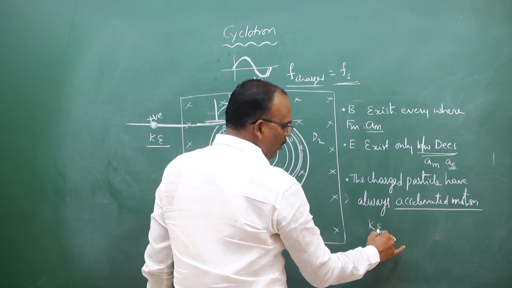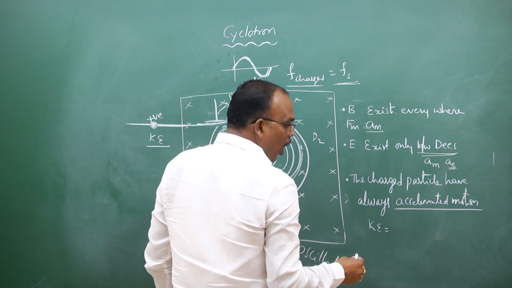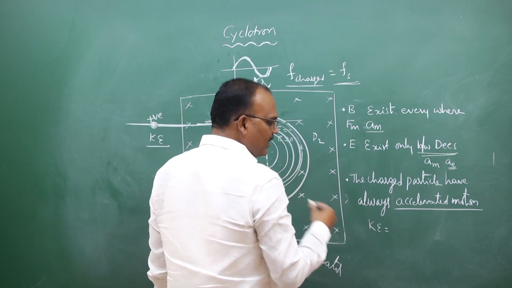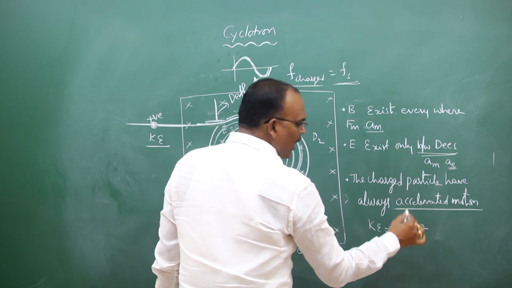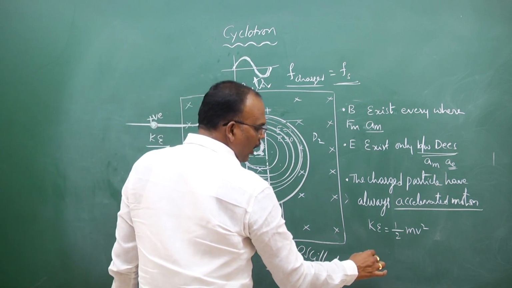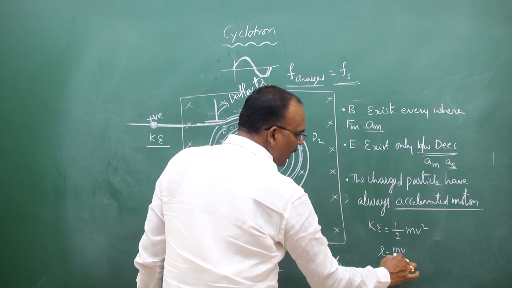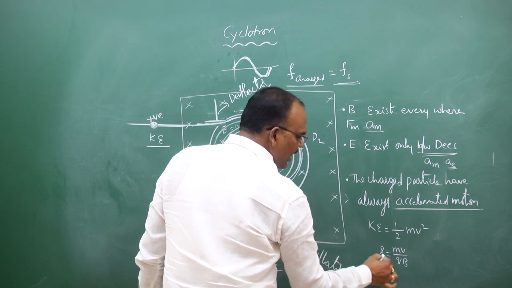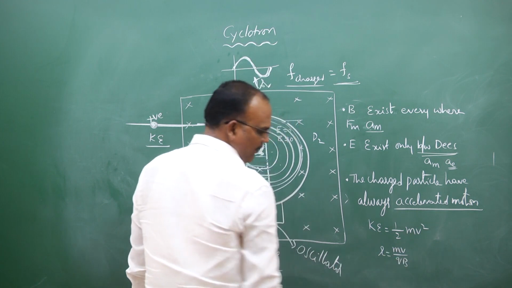Kinetic energy of the ion which is coming out of the cyclotron is half mv square. v is the velocity of the ion. So velocity of the ion can be calculated from the formula r = mv/qB, because the radius of the circular path is equal to m into velocity divided by q into B.